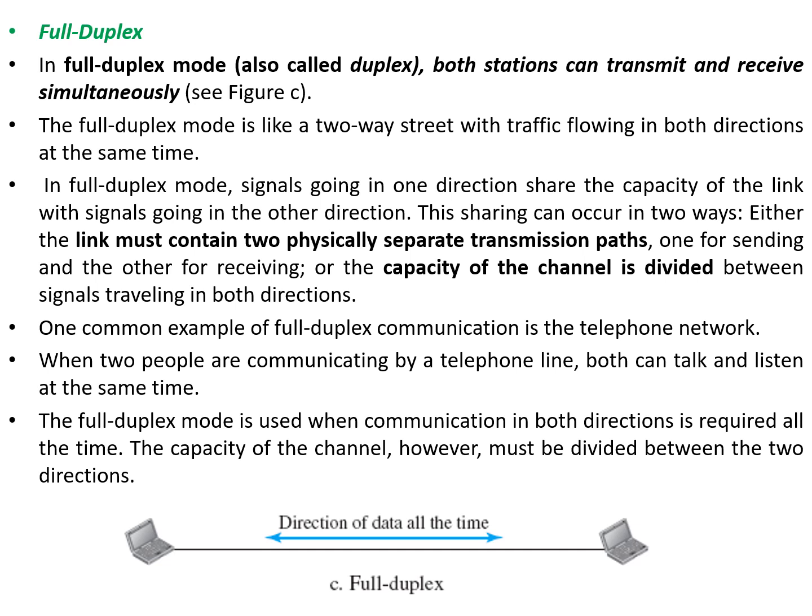And in full duplex mode, whenever the communication is happening in both directions, the entire capacity of the channel must be divided between the two directions, that is the sender and the receiver. These are the three different types of communication: simplex, half duplex and full duplex mode of communication.